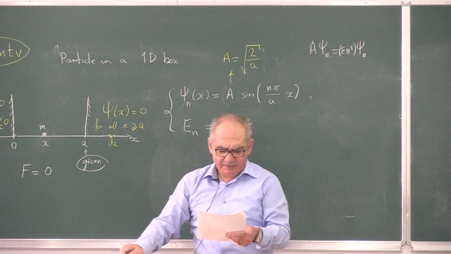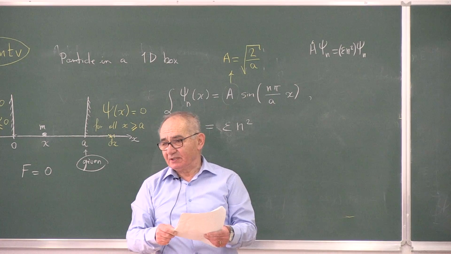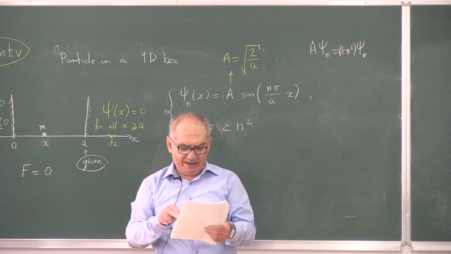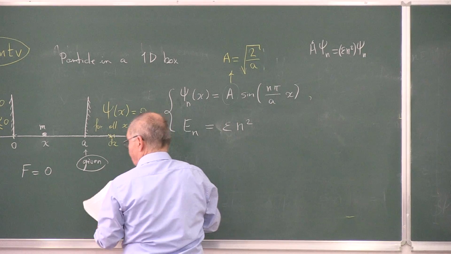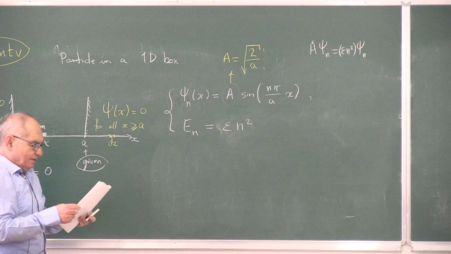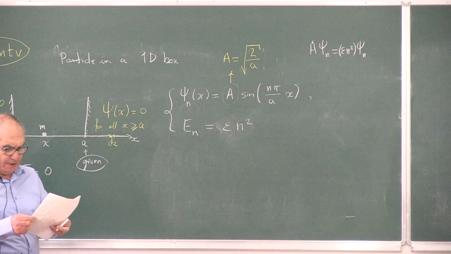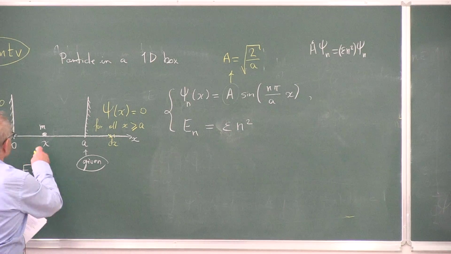Let's have an example about probability of finding the particle inside this box. Now, in exercise 1, calculate the probability of finding the particle between 0.3a and 0.6a.